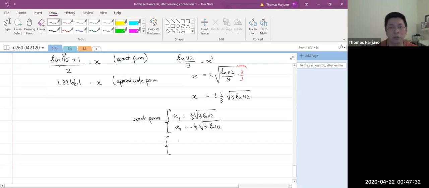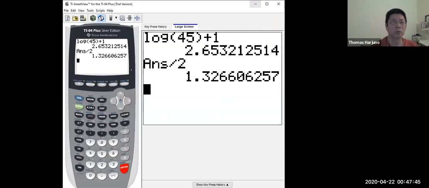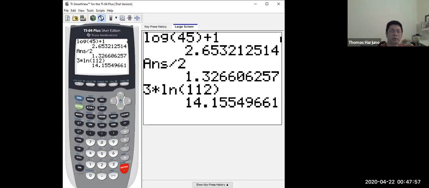I see that x2 is basically the opposite of x1, so let me just compute the one for x1. 3 times natural log of 112, whatever that is. Now, how do you do the square root of this number on your calculator? On my calculator, it's easy, but on yours, I don't know if you know how to use it.